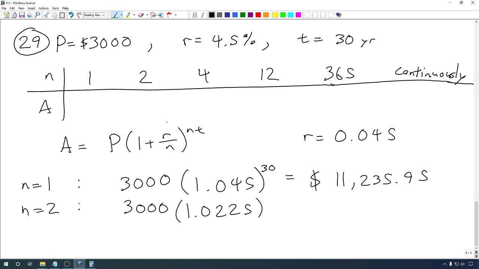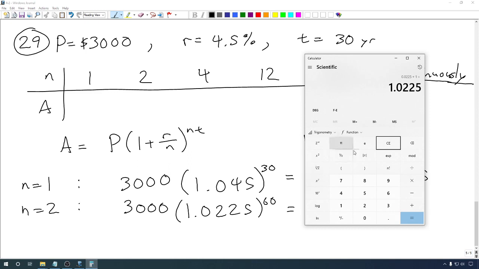But because we're doing it twice per year over a course of 30 years, we're going to compound interest 60 times. And then we just go ahead and put this into our calculator. We've already found the base here, so we just raise that base to the power of 60. We multiply it by 3,000, and we get 11,400.40.